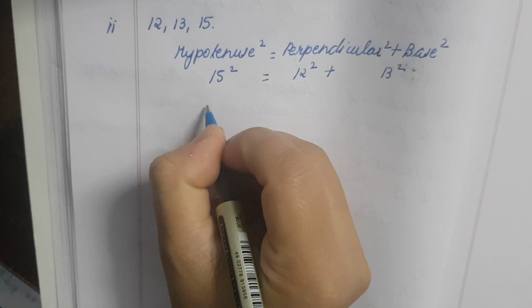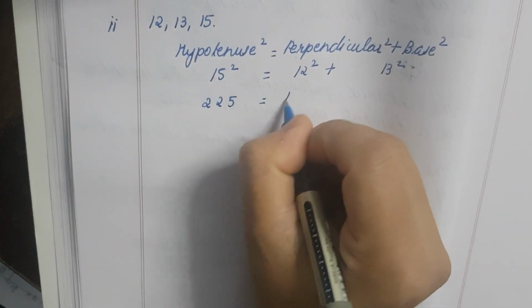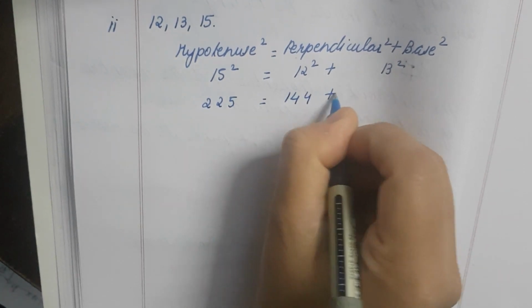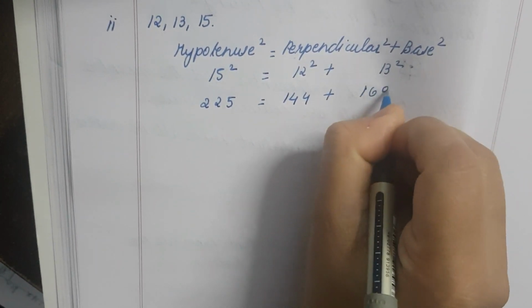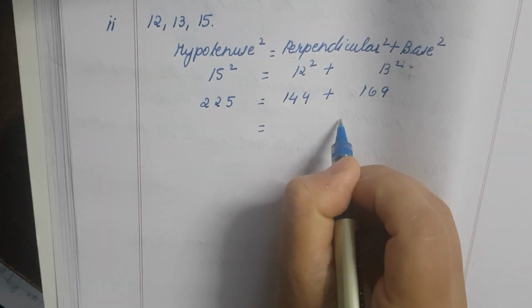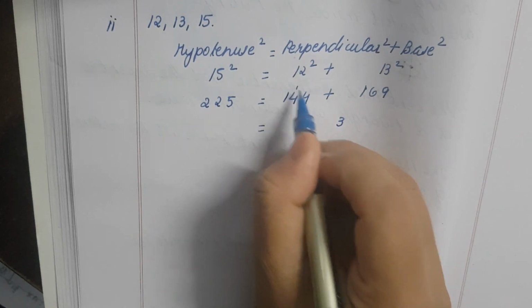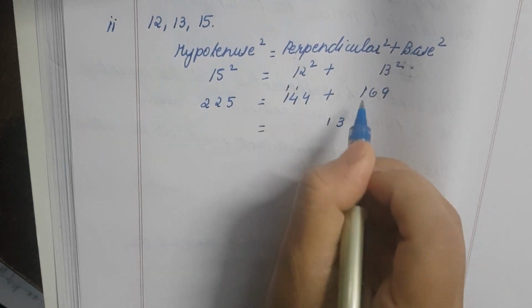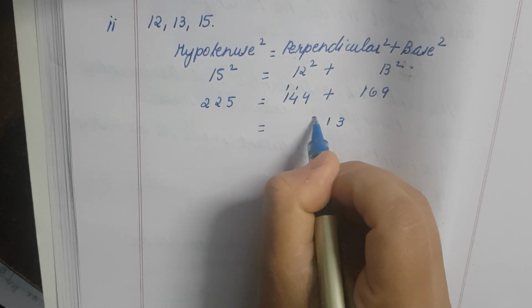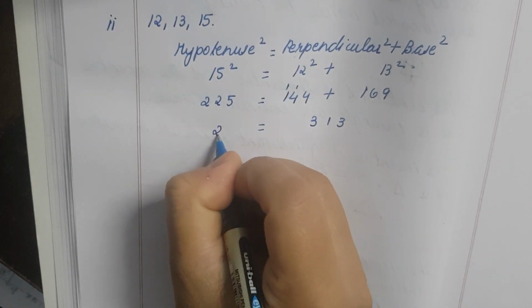So 15 square is 225, 12 square is 144 and 13 square is 169. Now, will we get 225 if we add them? 9 plus 4 is 13, 6 plus 4 is 10 plus 1 is 11, 1 plus 1 is 2, 2 plus 1 is 3. So we get 313, but here we have 225.